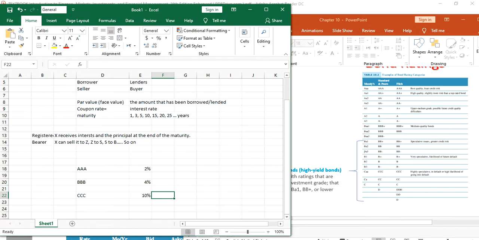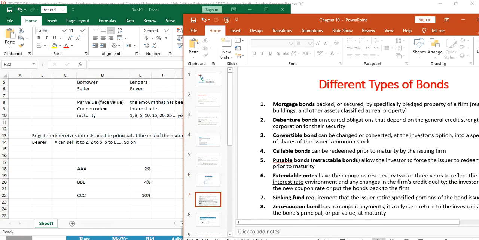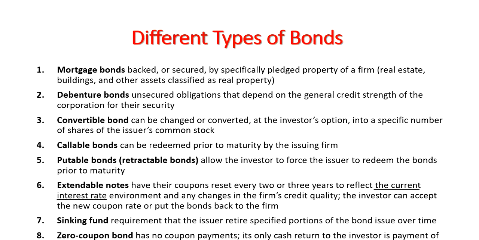Okay, so we said we have many different types of bonds, so let's go over them and discuss them. Be with me, these are very important and can be asked in the exam at any time. We have mortgage bonds. I will simplify it for you to the maximum level.